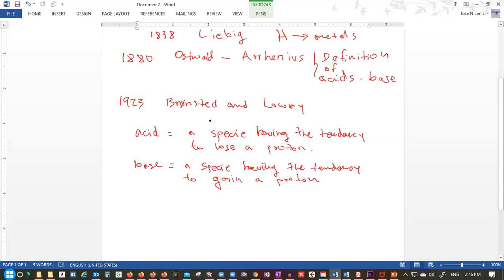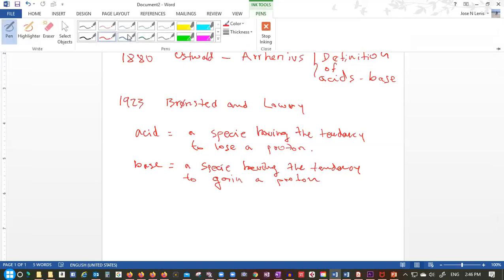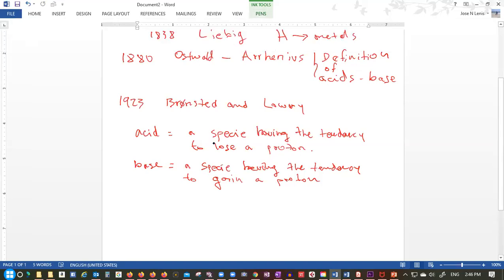So the two keywords here are to lose a proton, and that's for the acid, and to gain a proton, that is for the base.